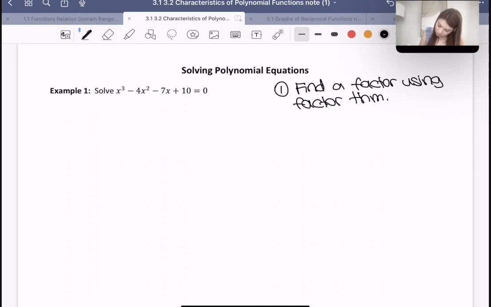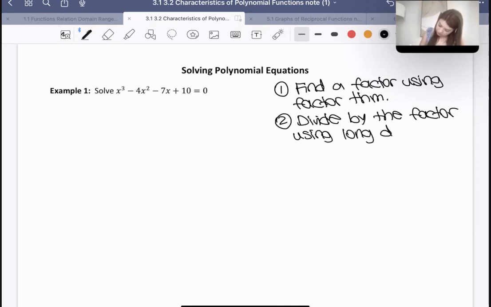That's step one. Make sure to write these down, these are important. Step two is use long division to divide by the factor using long division, or short division if you prefer. Divide by the factor using long division.